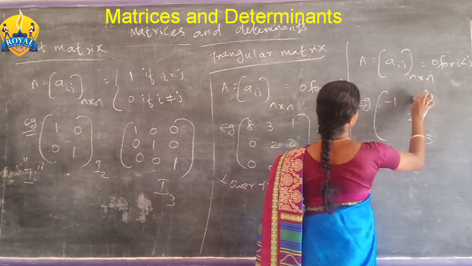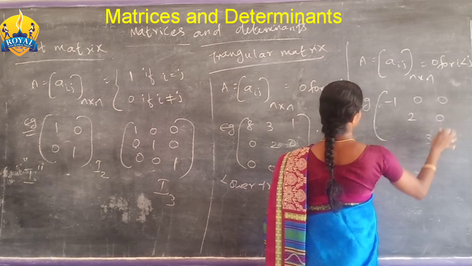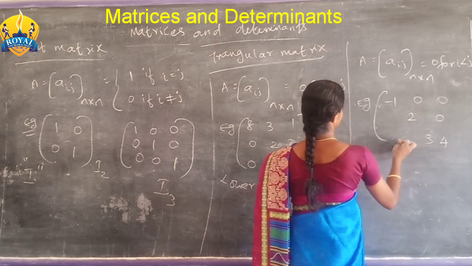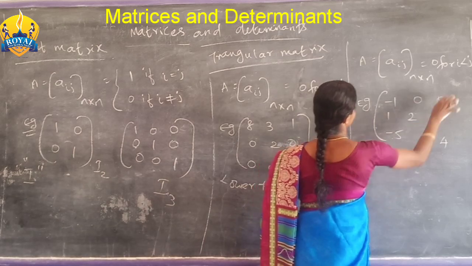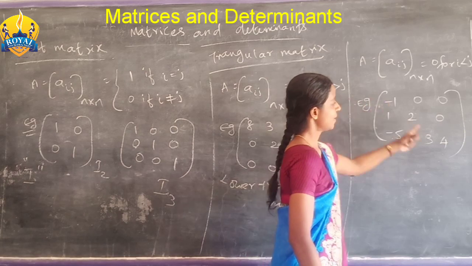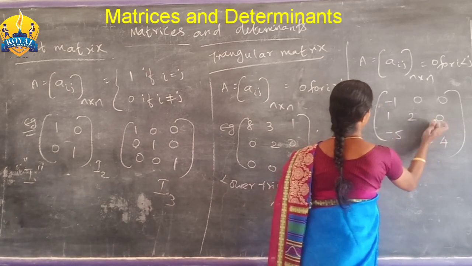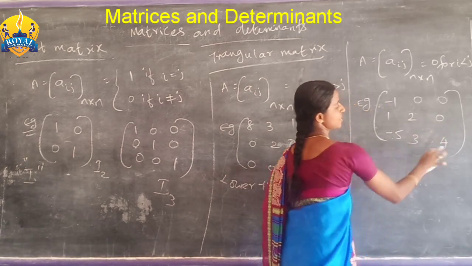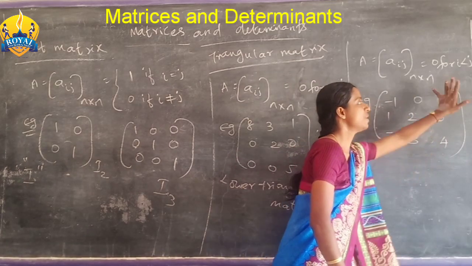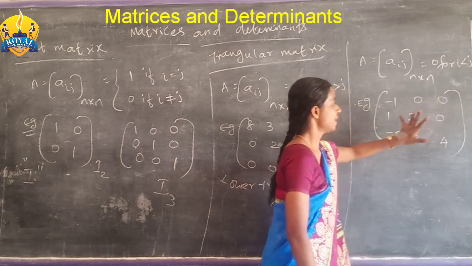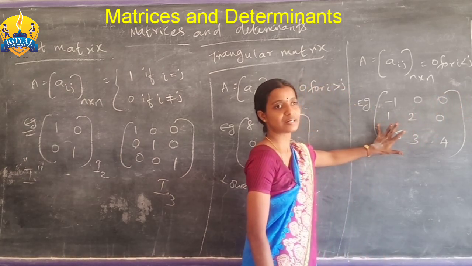I have here -1, 2, 4 as my main diagonal, and all the elements above the main diagonal will be 0, and I have some other values below the main diagonal.